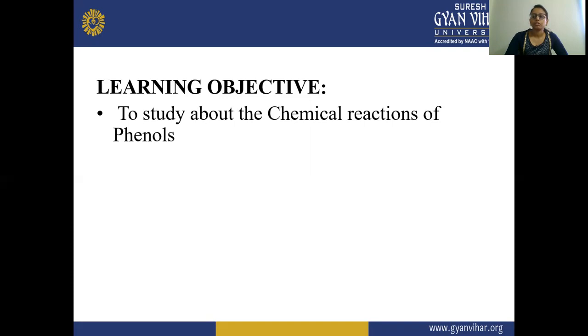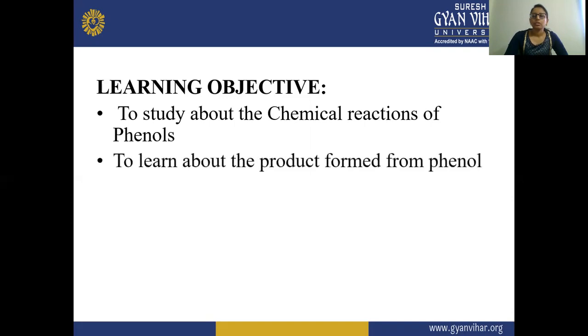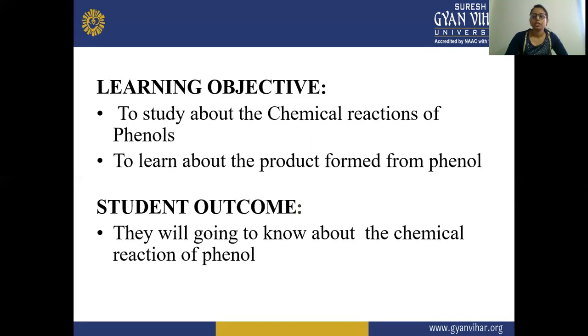The chemical reactions in phenols occur in two different ways: one involves the OH group, and the other involves the aromatic ring. Students will learn about the products formed from these reactions, and how the benzene ring is involved in the chemical reactions of phenol.